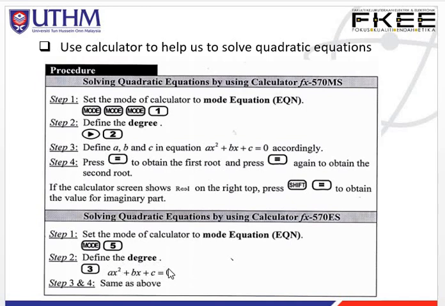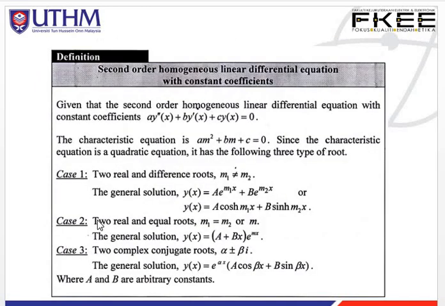Then define what is A, B and C. After that, press equal for the first root, and press a second time to get the second root. Also the same, if you have this symbol, it means you have the imaginary part. You press shift and equal to get the imaginary part. From the calculator, you may get root 1 and root 2, or you may get the imaginary part.